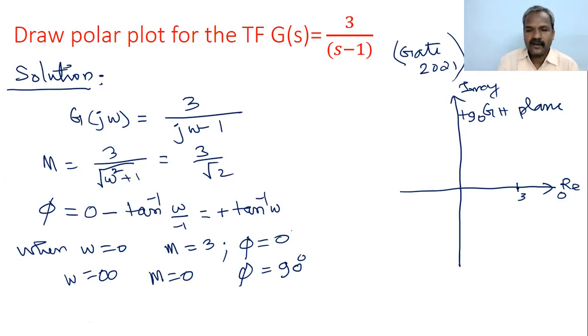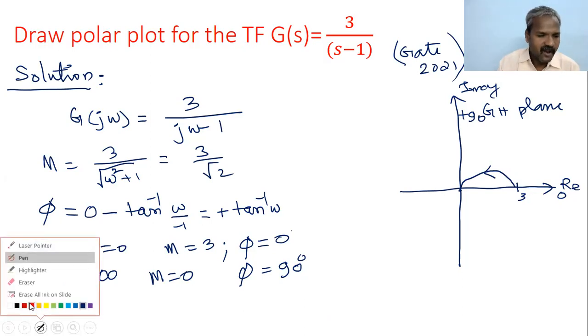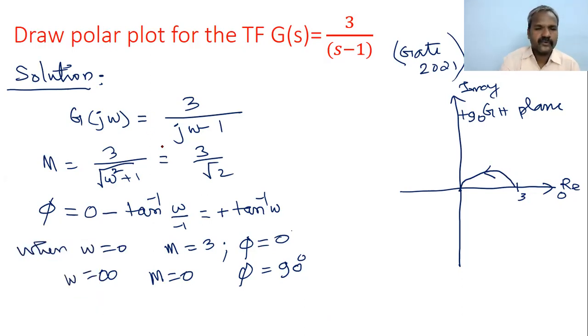The curve will end at magnitude 0, so it will be like this. Understand or not? So this is the polar plot. If you proceed in this fashion, such a process is wrong. You should not proceed like this.